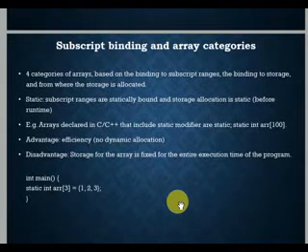There is also subscript binding and array categories. There are 4 categories of arrays, based on the binding of the subscript range, the binding to storage, and where the storage is allocated. We will see each of them. Firstly, there is the static array.